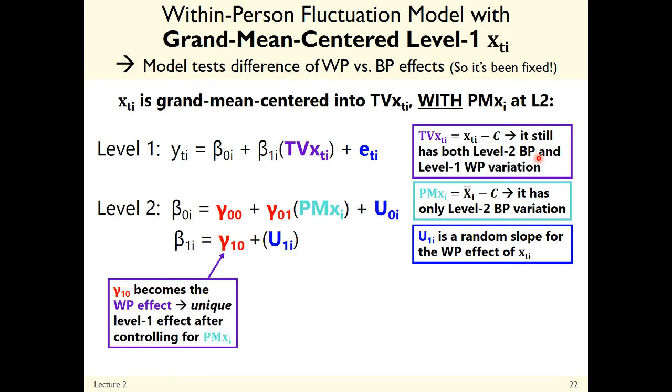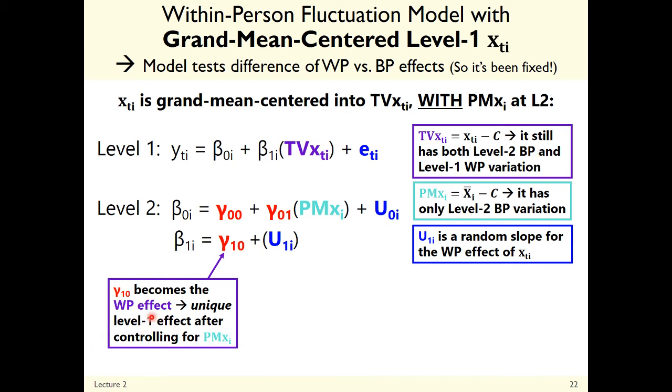We end up back at the same place that we were in person mean centering, but not because we brute force made the variables work that way, but because statistical control turned it around for us. Yep, this is an equivalent model to person mean centering at this point, just rearranged parameters.